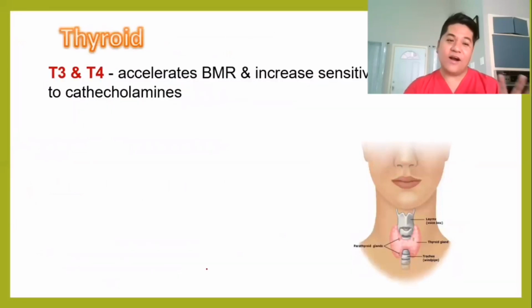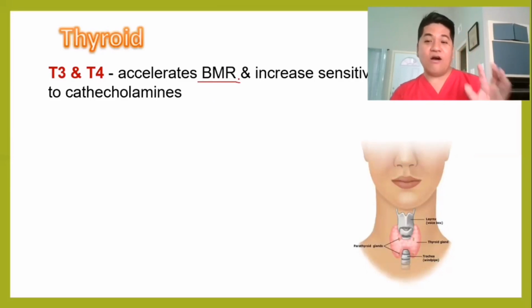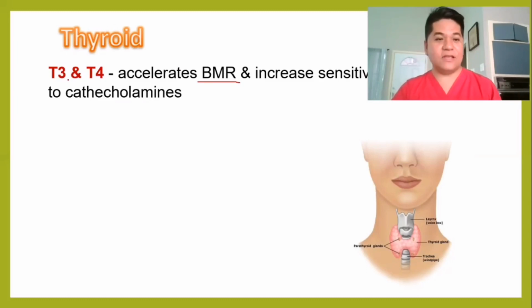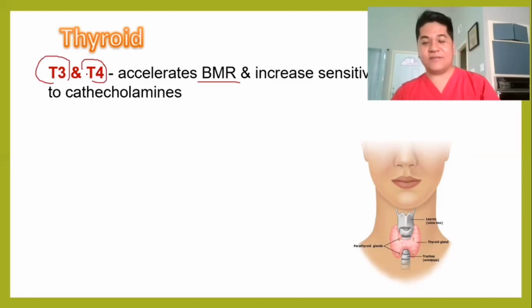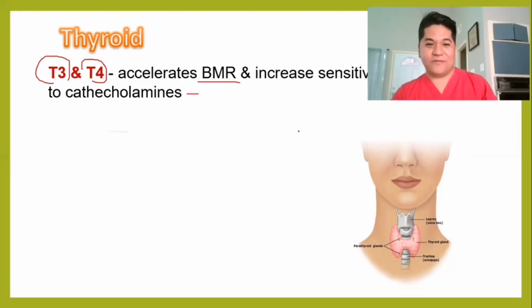Next, moving on to the thyroid gland. Now, the thyroid gland is responsible for increasing your basal metabolic rate. Remember that it increases the activity of the cell. So therefore, the release of the T3 and the T4 accelerates the function of the cell, as well as increases sensitivity to your catecholamines, which are your epinephrine and norepinephrine.